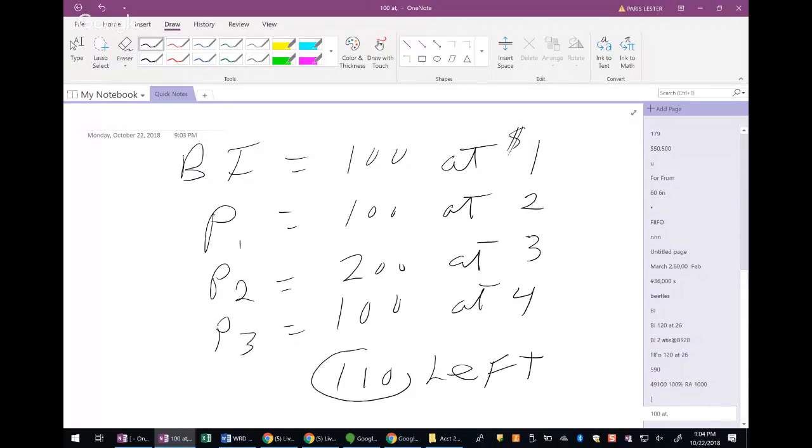Now, the point is, on any of these methods, what 110 do you have left? Are they at $1 and $2, or they were at $4 and $3? So do the 3 methods: FIFO, LIFO, and average. Take a minute and do that. That's 9 answers. And you should do that in 5 minutes or less.